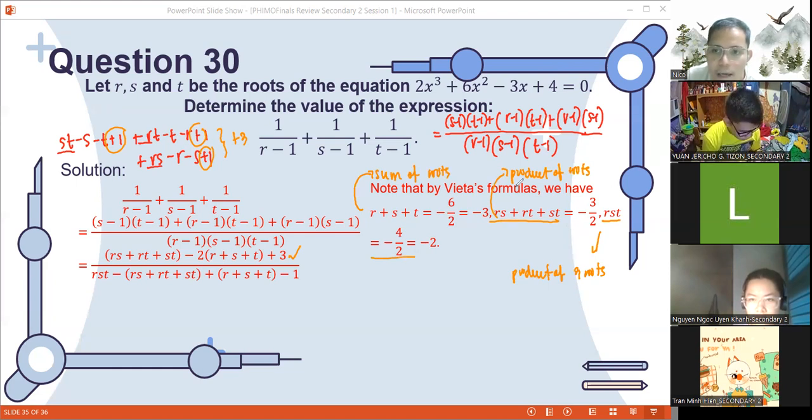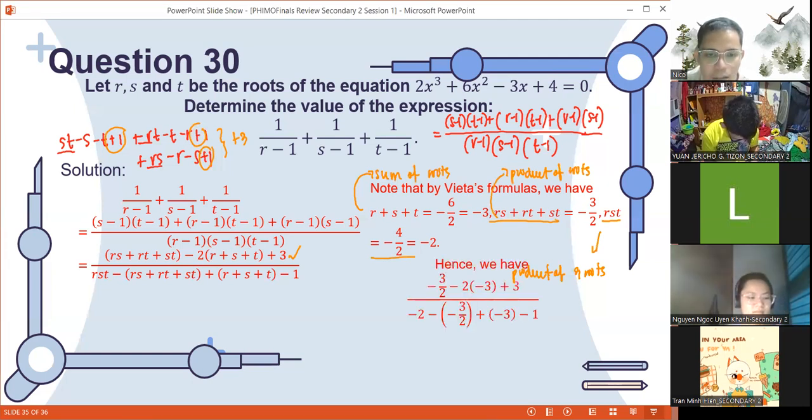So hence, we have negative 3 over 2, minus 2 times negative 3, then plus 3. And then we have negative 2 minus 3, minus of minus 3 over 2, plus negative 3 minus 1.